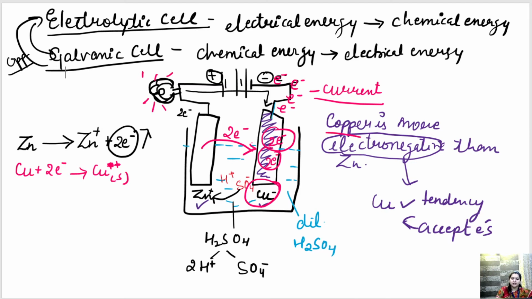Okay, because copper is more electronegative than zinc. कॉपर के पास ज्यादा टेंडेंसी है इलेक्ट्रॉन को एक्सेप्ट करने की, तो जिंक अपना इलेक्ट्रॉन कॉपर को दे देगा और वो ट्रांसफर कैसे होगा? विद द हेल्प ऑफ अ वायर, और तभी वायर में करंट जनरेट होगा और जितने भी हम अप्लायंसेस इस वायर से कनेक्ट करेंगे दैट ऑल अप्लायंस विल बी फंक्शनल. Getting it? So this is how a galvanic cell or a voltaic cell functions.